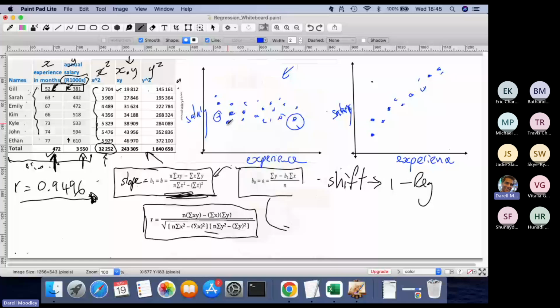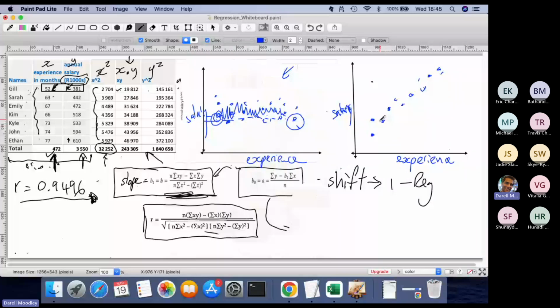However, their salary doesn't change too much. No matter how much you increase the experience, the salary stays around the same region. So it's almost to say that experience doesn't really influence salary in this graph.